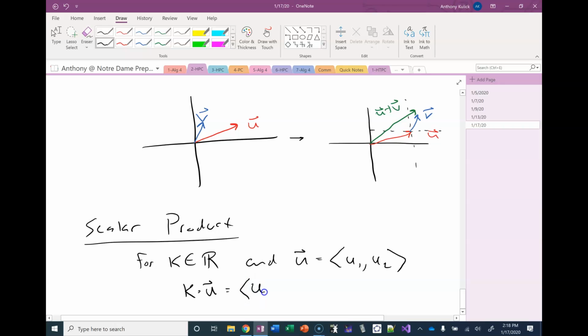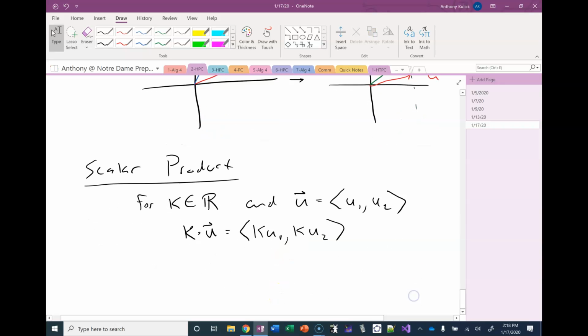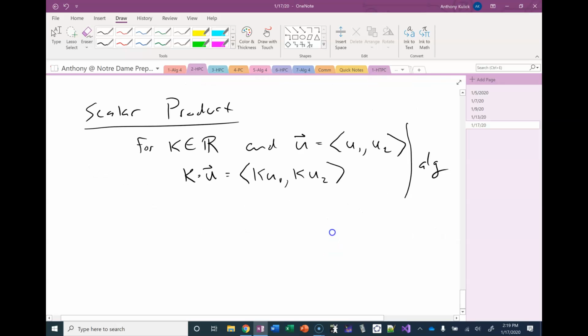K times vector U is just K times U1, and then K times U2. So again, this is like my algebraic description.